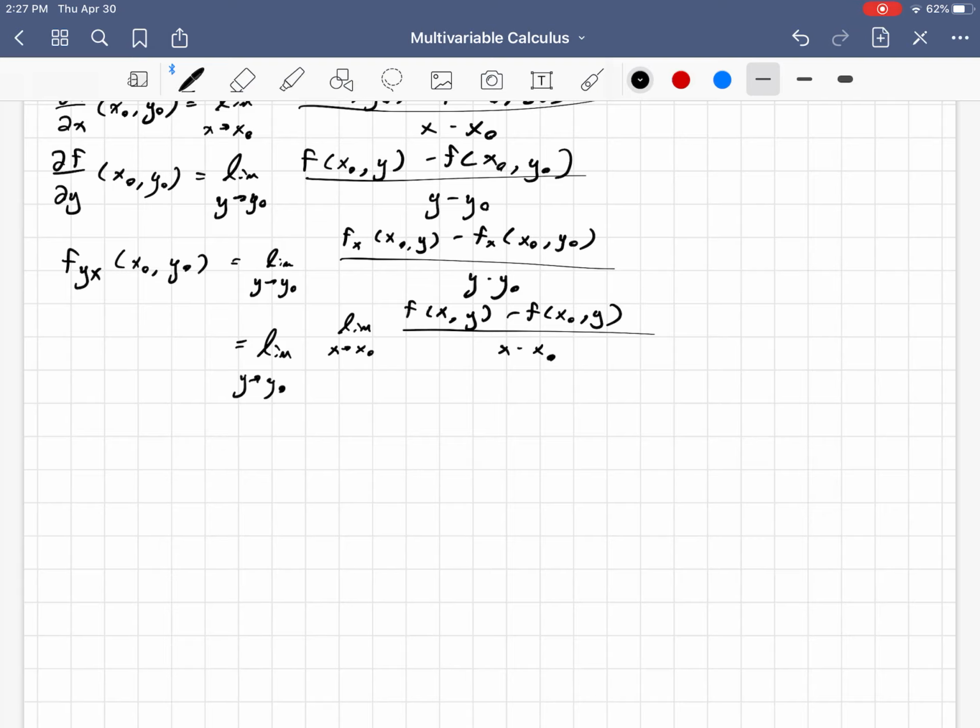So again, y is held as a constant there, and x is varying, minus, now I'm going to do the limit definition of that.